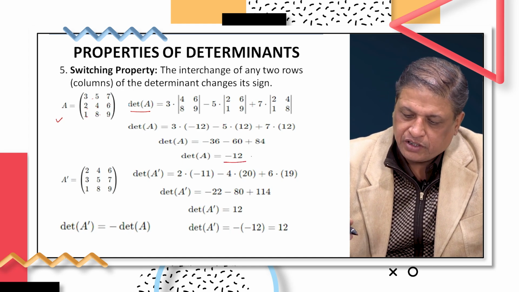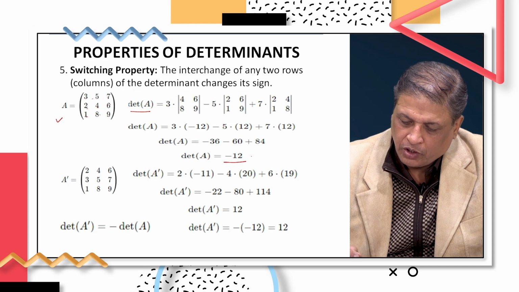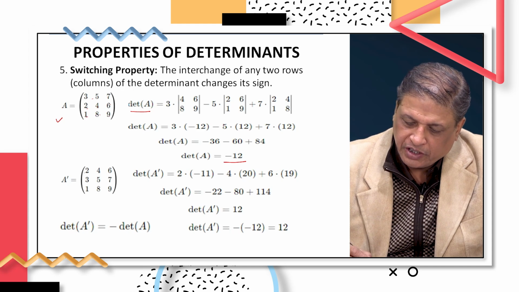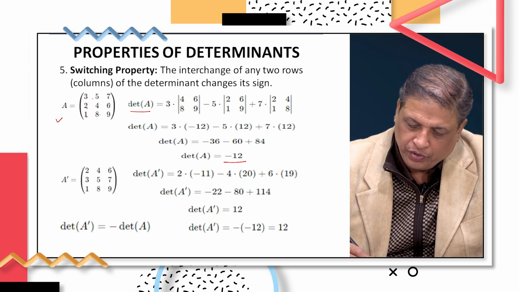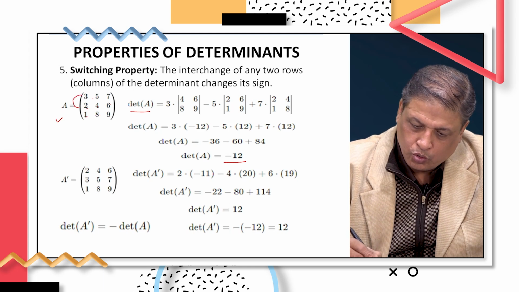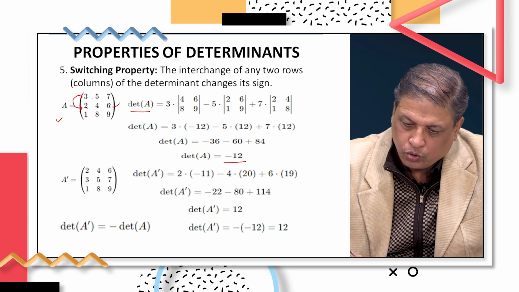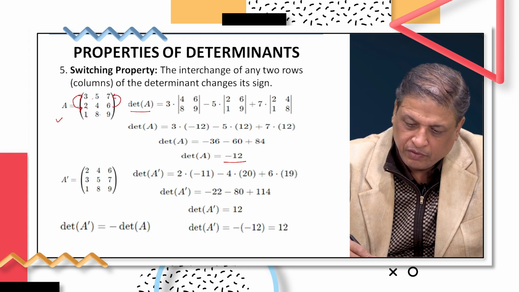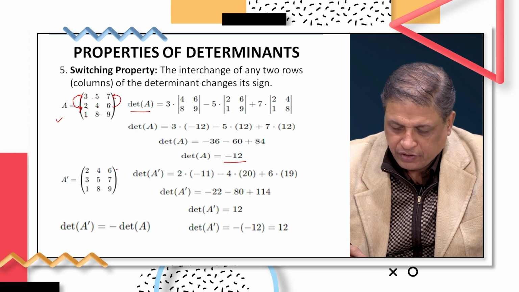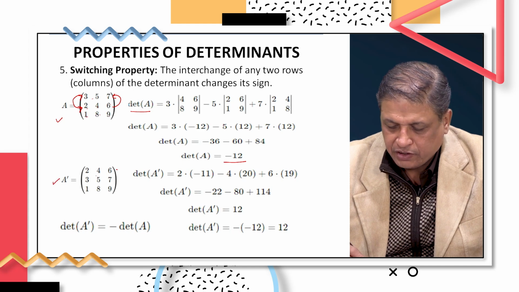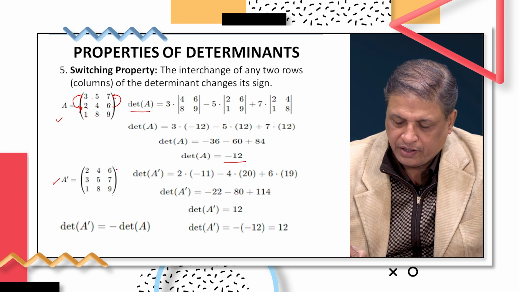Now, we interchange the first row and second row. So 2, 4, 6 goes up and 3, 5, 7 comes down. By interchanging, we get a new matrix 2, 4, 6, 3, 5, 7, 1, 8, 9.